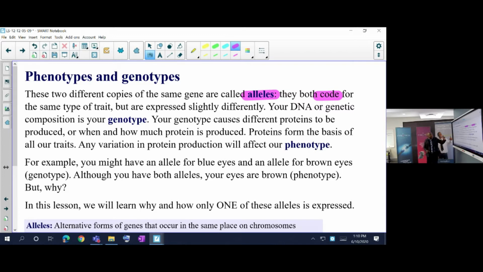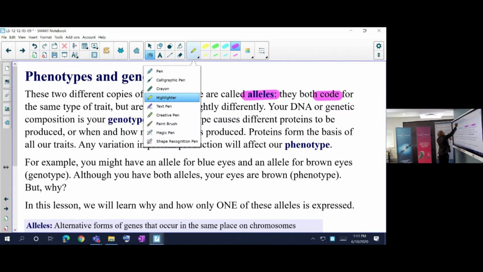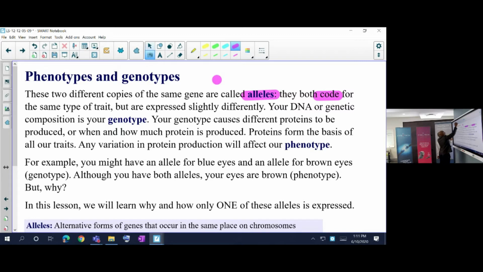So your DNA, which is your genetic composition, is what we refer to as the genotype.